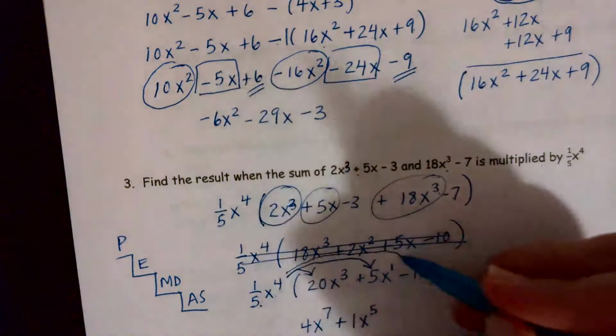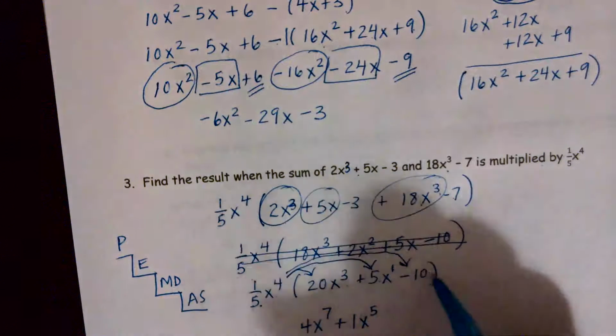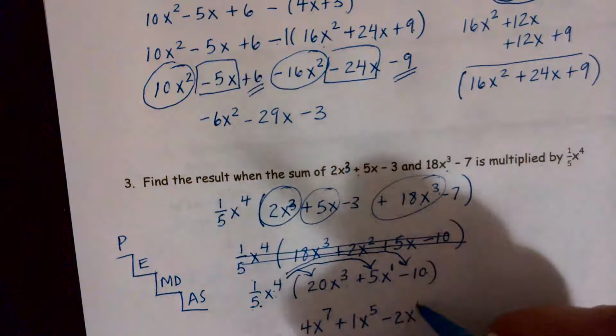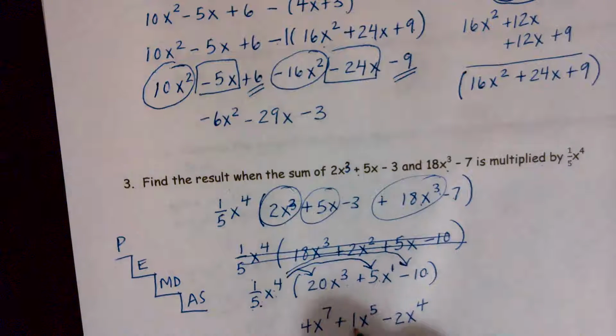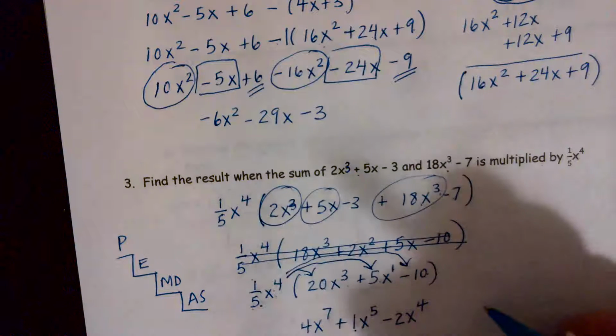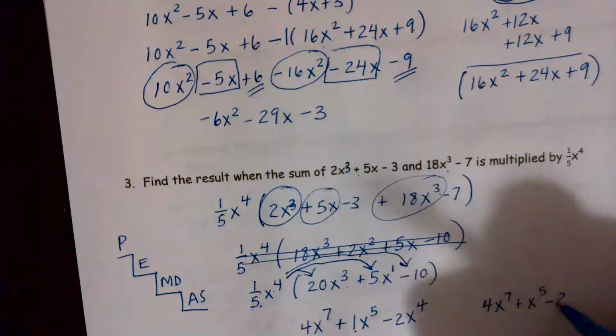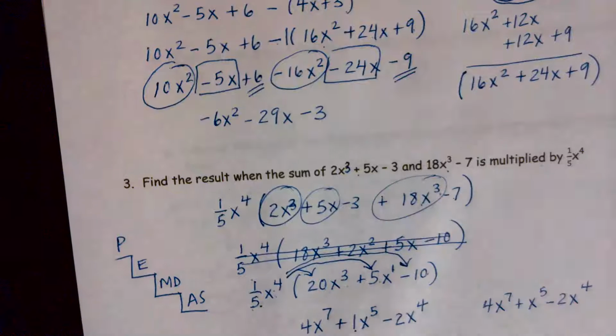And finally, multiplying by negative 10, 1/5 times negative 10 is a negative 2, x to the fourth. You could write a 1 here, or a lot of people end up just writing x to the fifth without that invisible 1 shown. And that is how we simplify polynomial expressions with multiple operations.